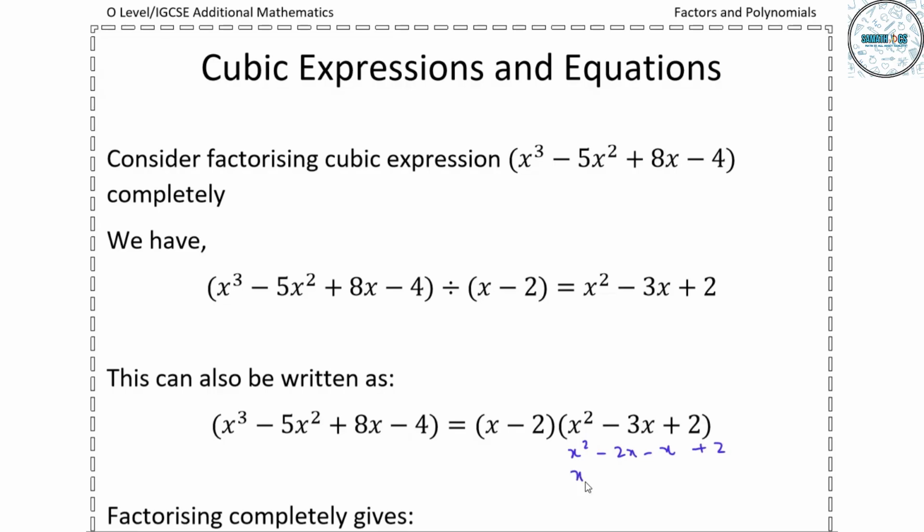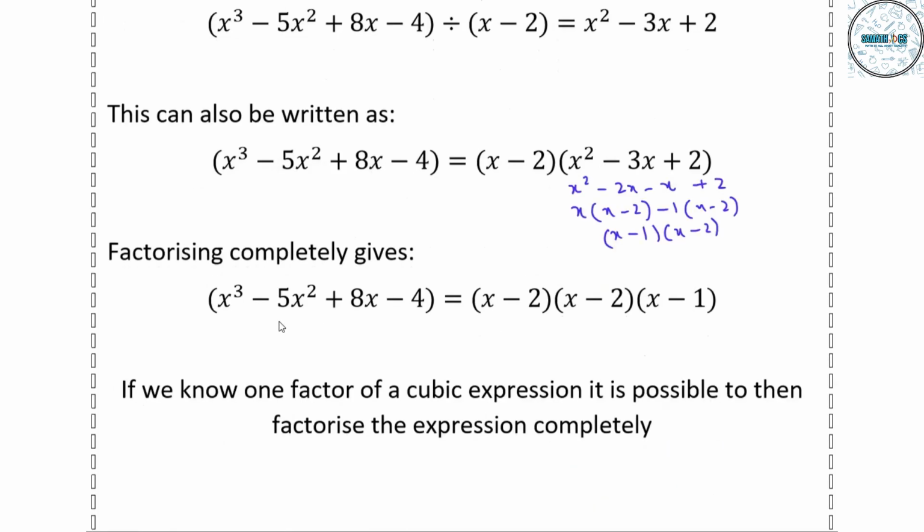Then we take common x minus 2 minus 1 (x minus 2). So we have here x minus 1 and x minus 2. So this cubic expression x cubed minus 5x squared plus 8x minus 4 is equal to (x minus 2)(x minus 2)(x minus 1).